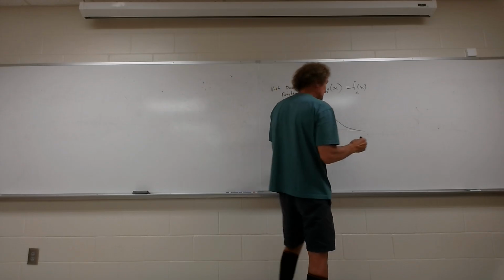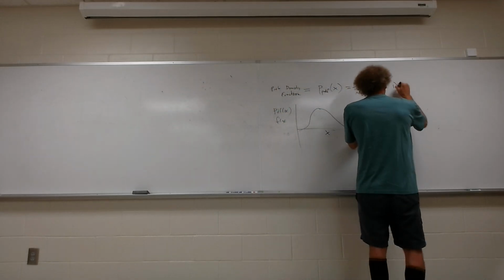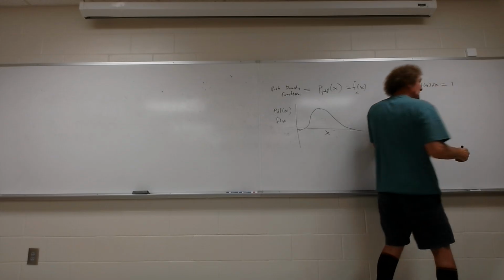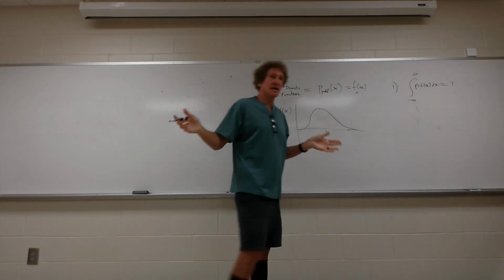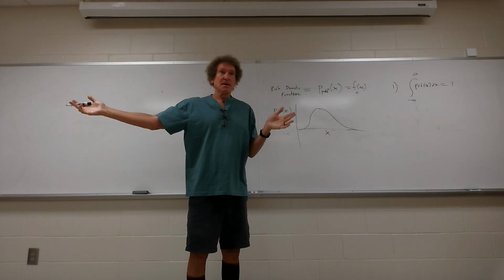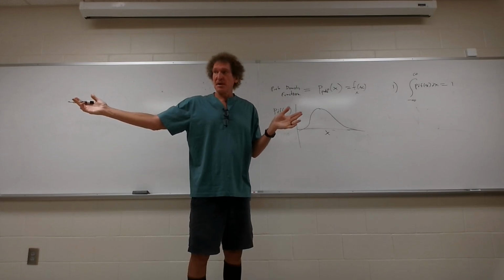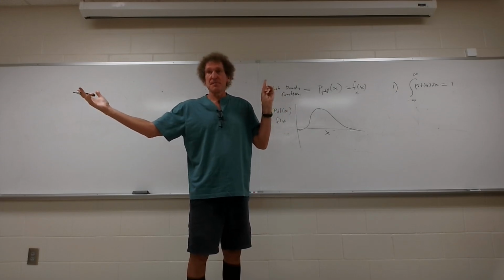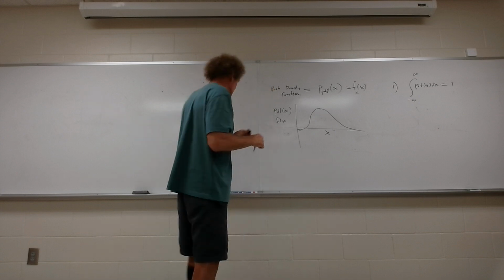The first thing is that if I take the integral from negative infinity to infinity of the probability density function of x dx, I get 1. It means the event will occur. If you take all possible values and you integrate, you're going to get a value of 1. It has to occur. Do y'all follow me? There's nothing mysterious about this.